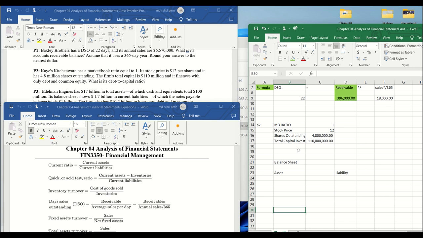So total asset is this one. Liability, total liability and actually owner's equity, OE.